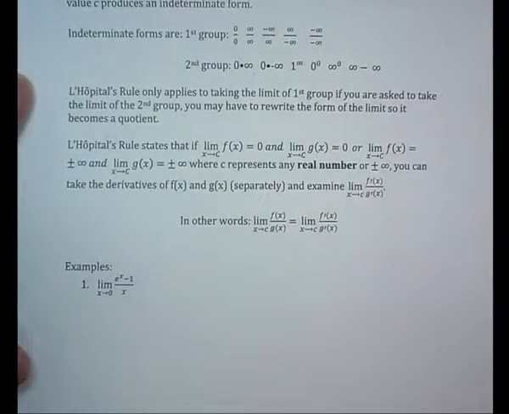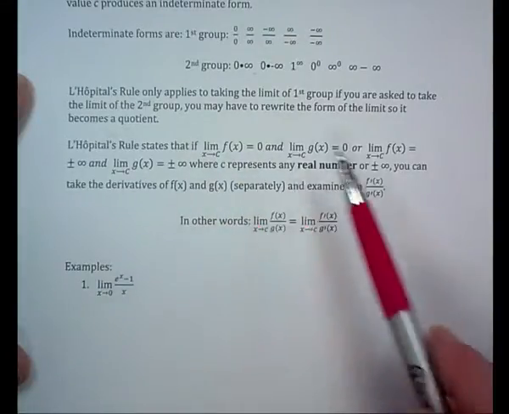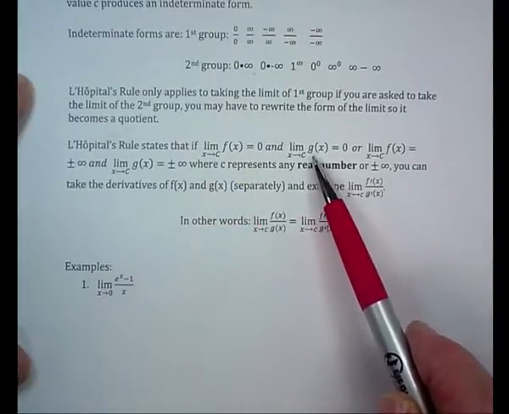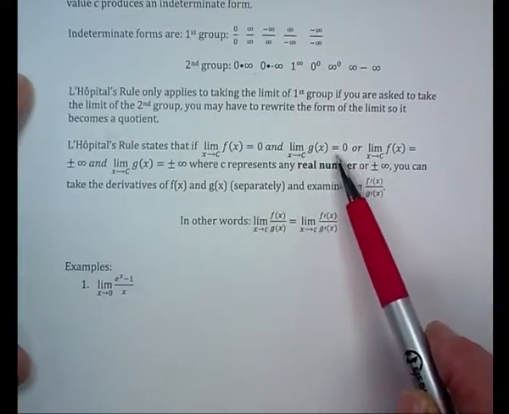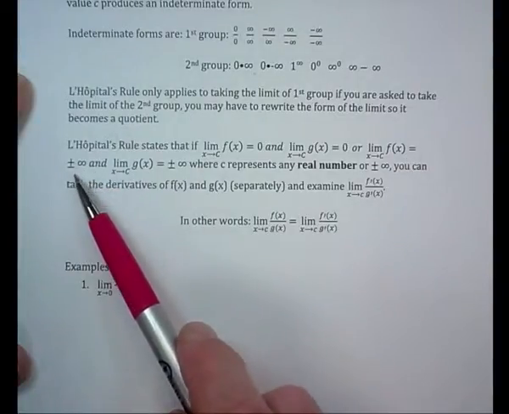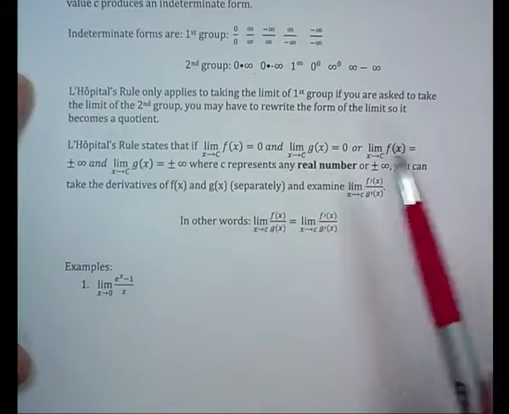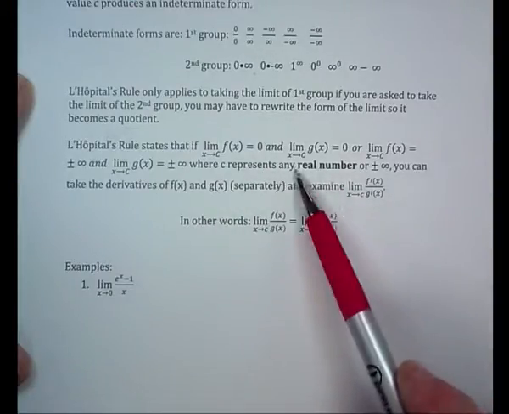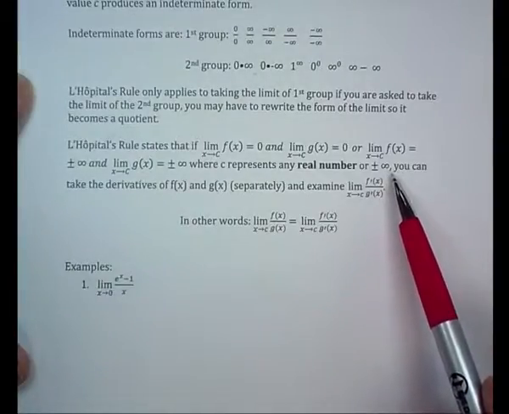L'Hopital's rule states that if the limit of a function f as x approaches c is 0, and the limit of the function g as x approaches c is 0, or approaches either positive or negative infinity, where c represents, now look at this, is a little bit different, any real number or any positive or negative infinity.